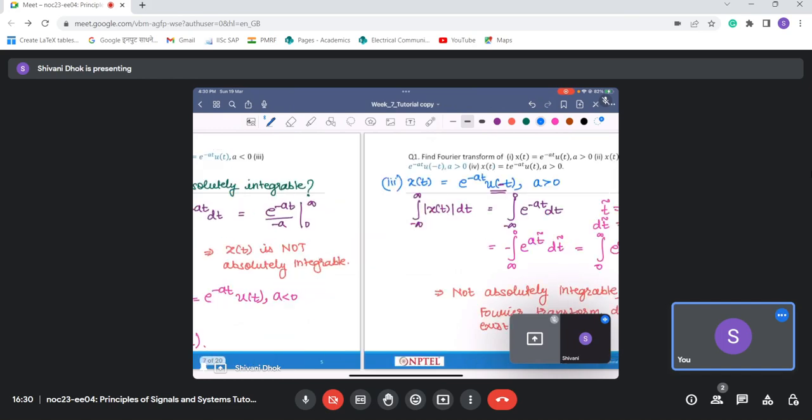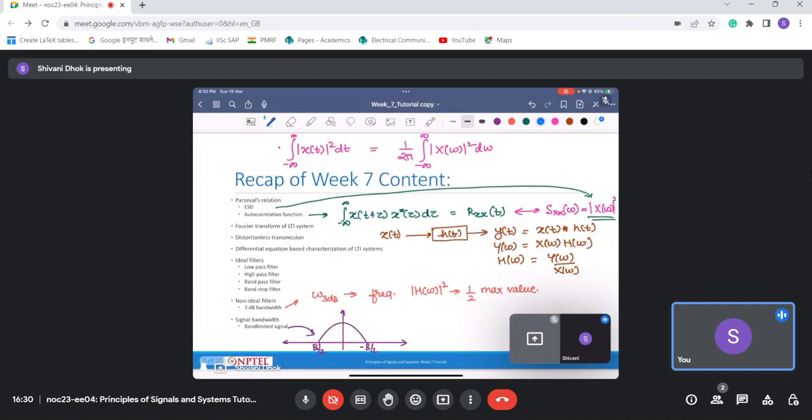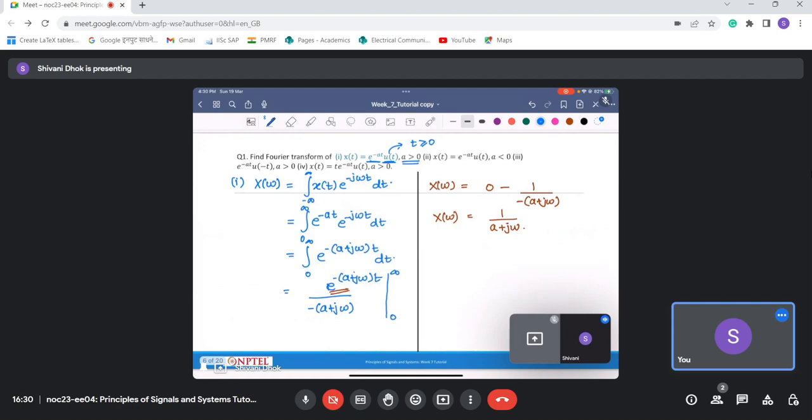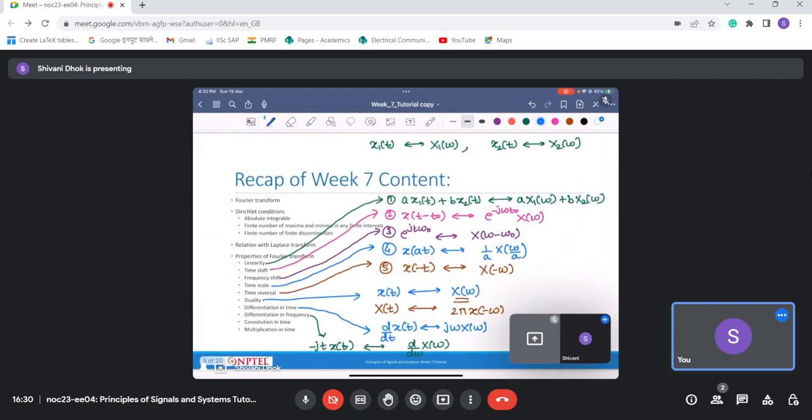Now let us look at this property. This property here is multiplication with time, differentiation in frequency domain. So it says that minus j t x(t) has a Fourier transform of d by d omega of X of omega.